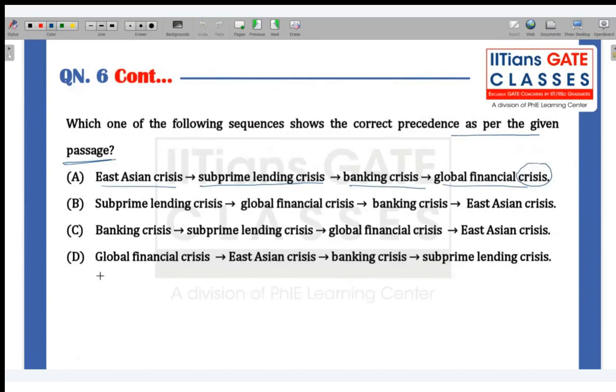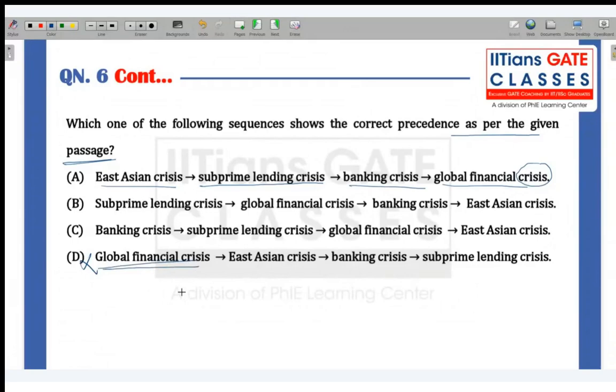Here global financial crisis is written first, so this is not the correct option, and you can eliminate it immediately.